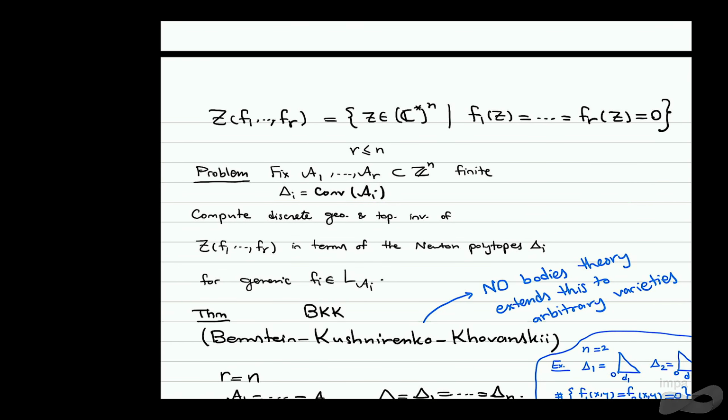Should I quickly recall what the mixed volume of polytopes is? Volume is a function on the space of polytopes which, together with Minkowski sum and scaling by positive scalars, is a polynomial. This is a theorem of Minkowski: it is a homogeneous polynomial of degree n.